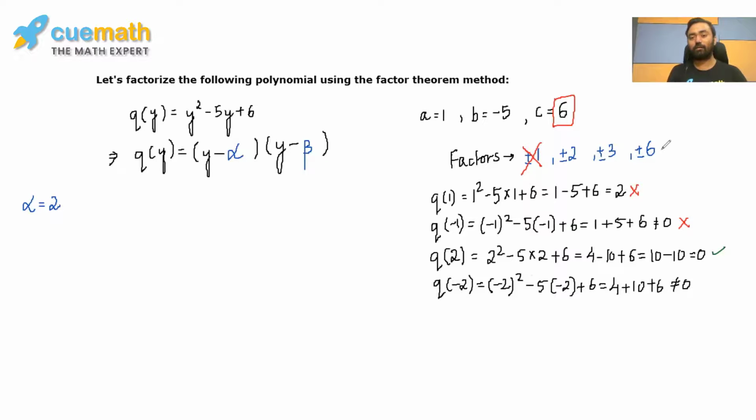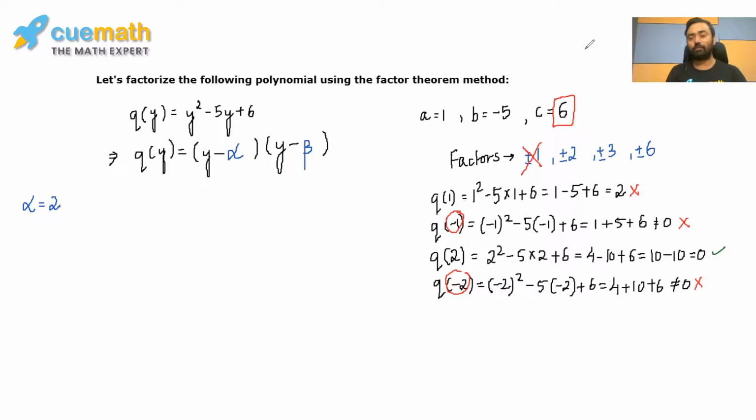Hence, this is not one of the roots for this particular polynomial. Now we see that whenever we take negative 1 or negative 2, we get all the terms as positive. So we can specifically rule out the negative numbers which we have taken in the factors. So plus minus 2 is done.